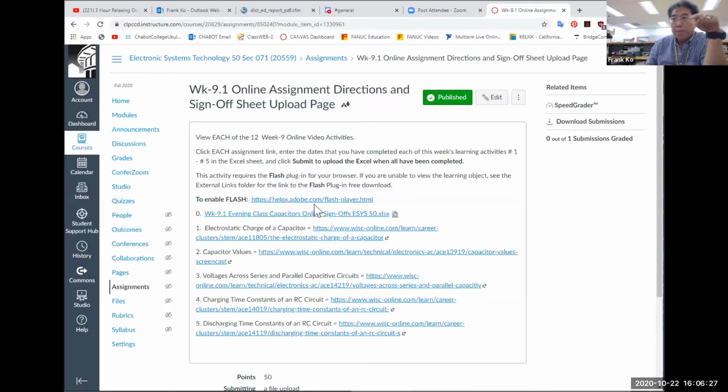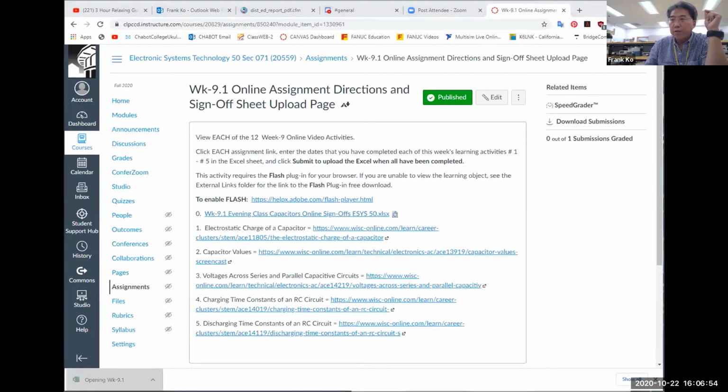If Flash is not already enabled on your computer, there is a button here to enable Flash, and this applies to PCs and not Apples. There is a 0 task, which is simply an Excel checkoff list.